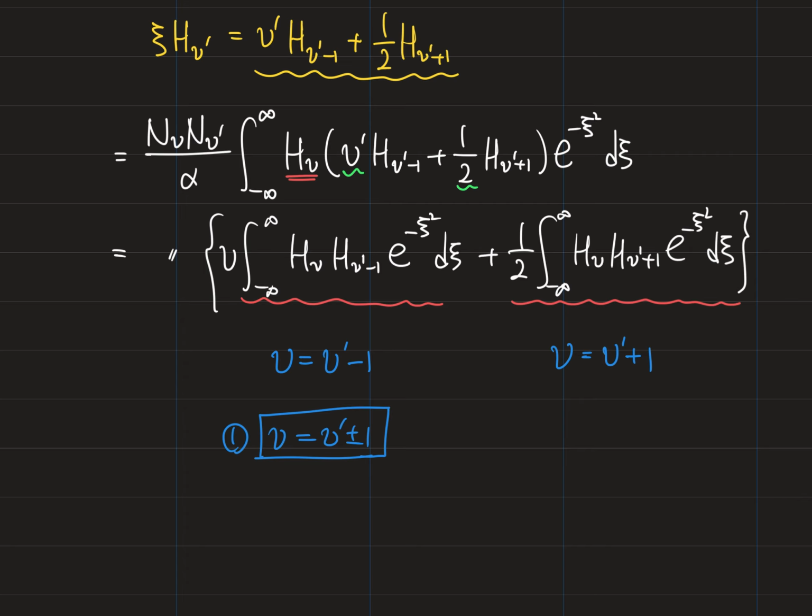So the first condition for a transition in the vibrational motion is that v should be v prime plus or minus 1, and the second rule is that d mu over d x shouldn't be 0. This means that at the equilibrium geometry, if we take the derivative of the dipole moment along the x direction, that should not be 0.